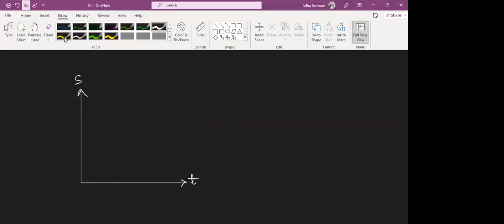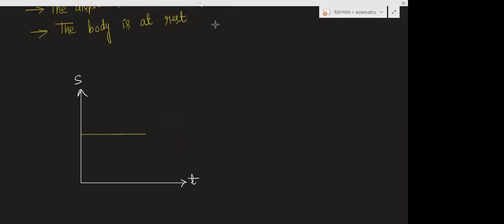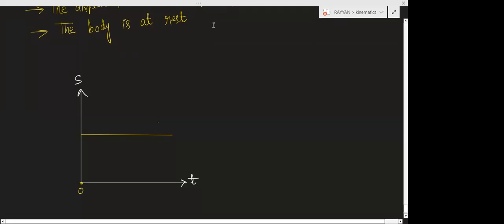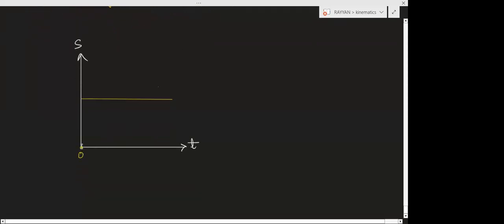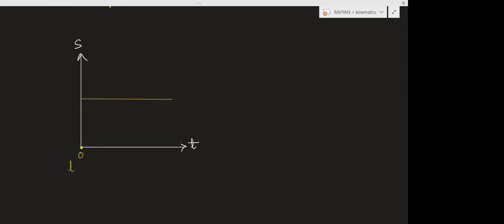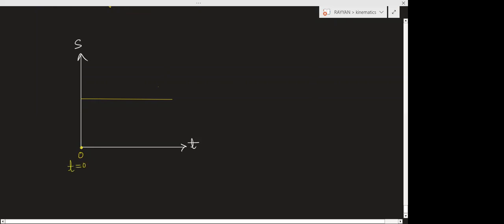Now this graph is like this, something different. Now this is the origin point, and see the graph. Initially, this is the time t is equal to 0, means initially.